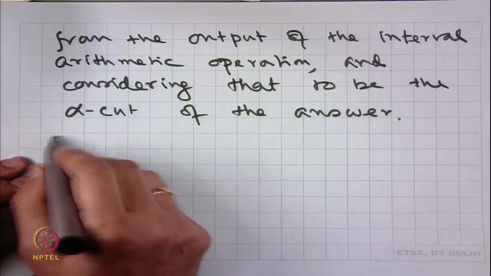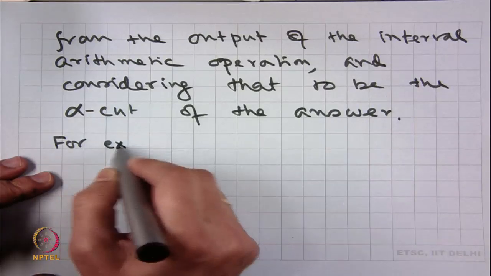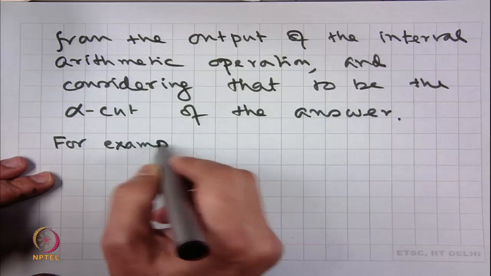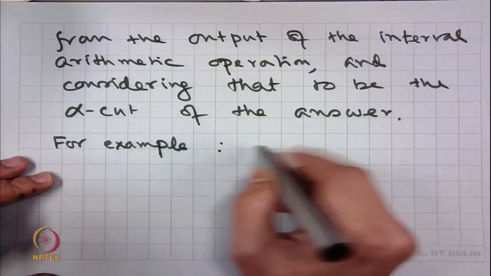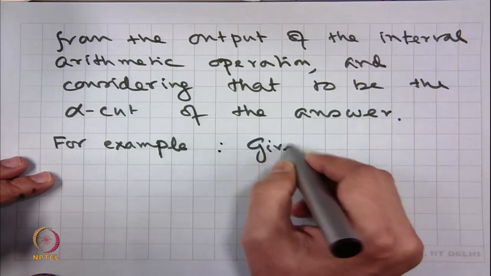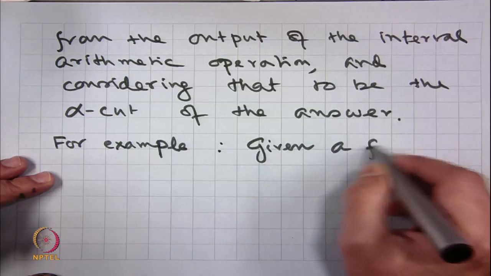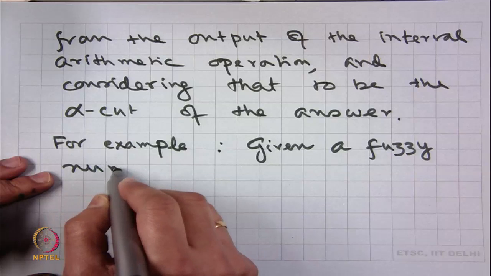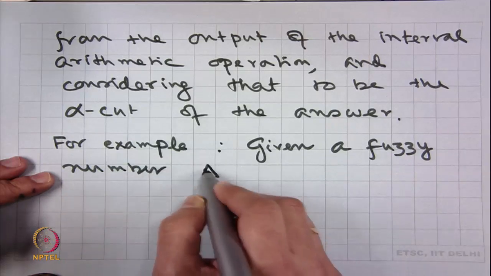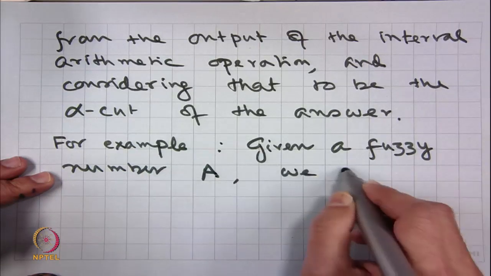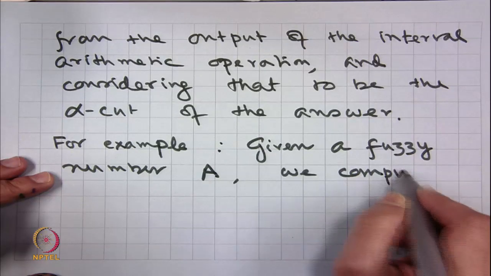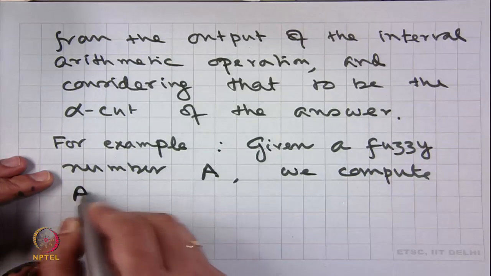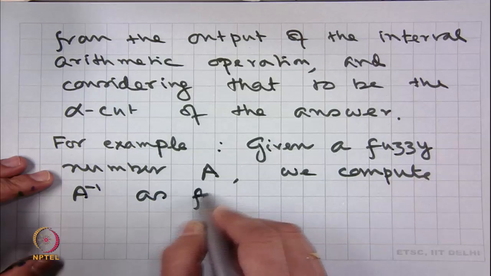For example, given a fuzzy number A, we compute A inverse as follows.